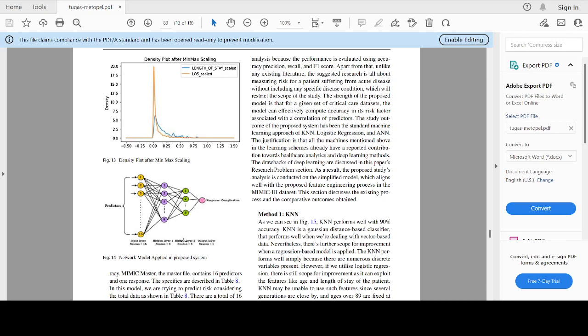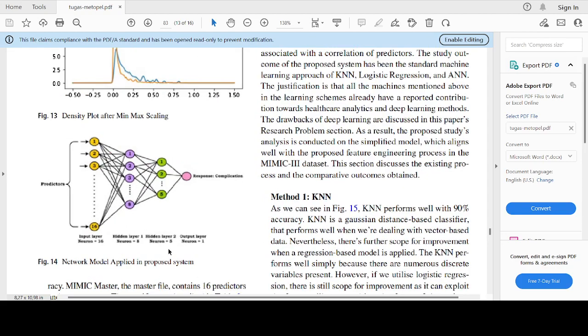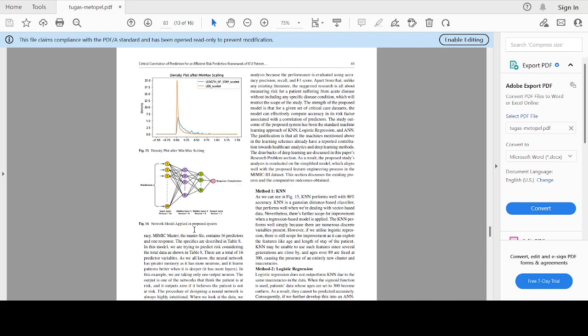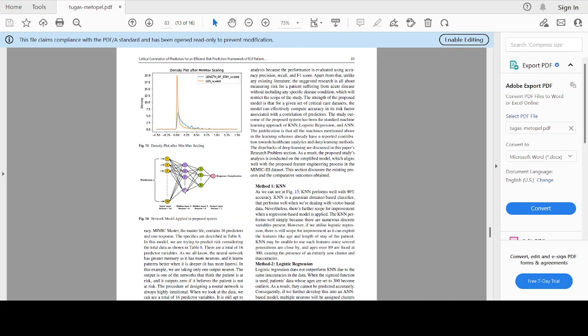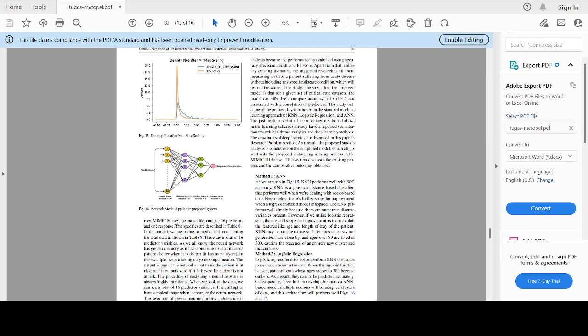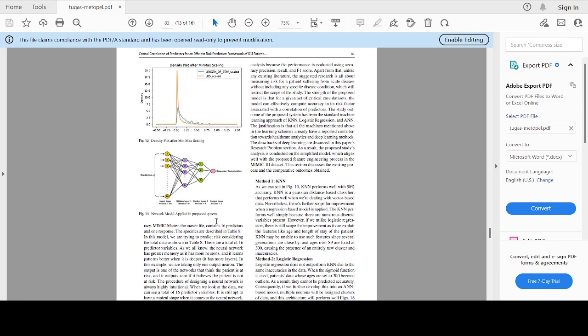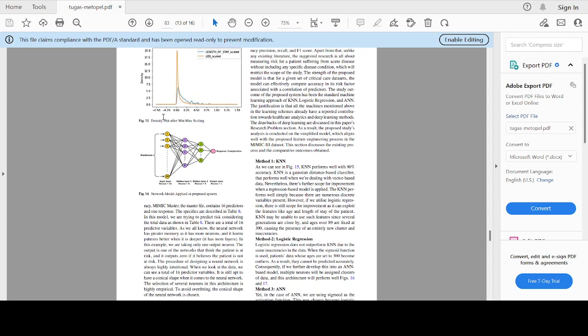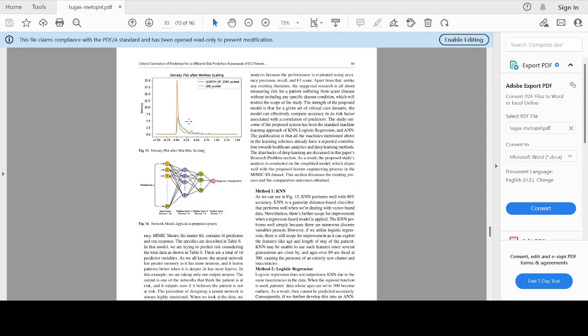Hidden layer 1 has 8 neurons, hidden layer 2 has 5 neurons, and then output layer 1, because the output is between 1 or 0, the predicted targeted value. This is the min-max scaling.